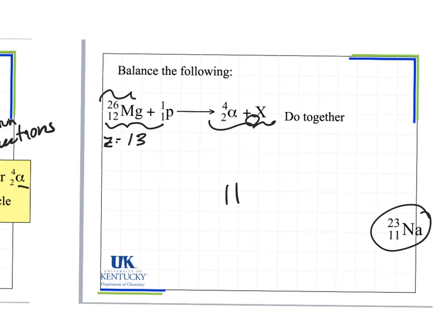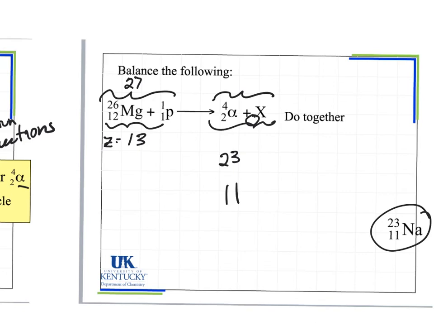Now the top number must also be balanced, so we add up the 26 and the 1 and we have a 27. Over here, these two numbers have to add up to 27 as well. We already have a 4 with the alpha particle, so that gives me a 23, because 23 plus 4 is 27. Now what about the X?